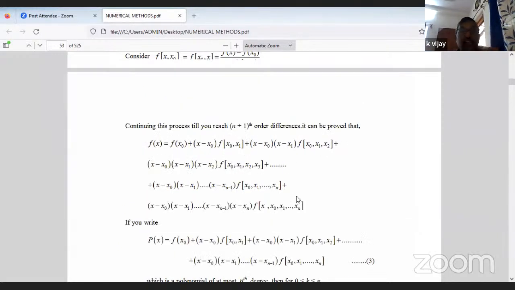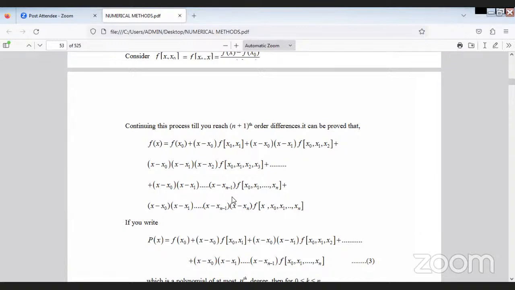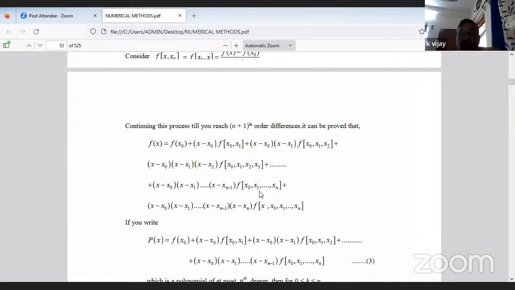We take the nth term here, the n plus 1th order divided difference, written with x minus x0, x minus x1, up to x minus xn minus 1. There is a printing mistake here; this is xn minus 1.